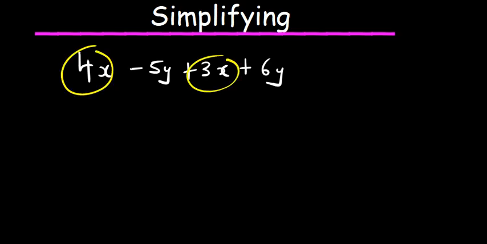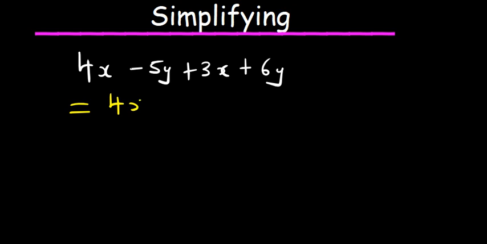I can solve these ones independently. Then I've got negative 5y and a 6y. So I'm going to replace them like that. So I have 4x plus 3x, then I have negative 5y plus 6y. Then from there I'm just supposed to solve.